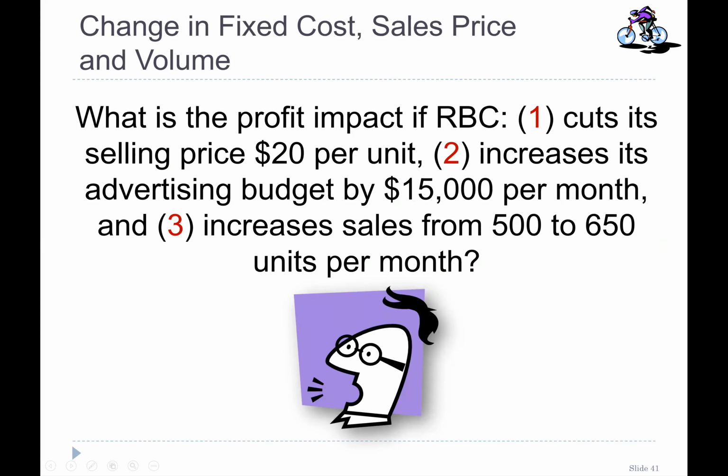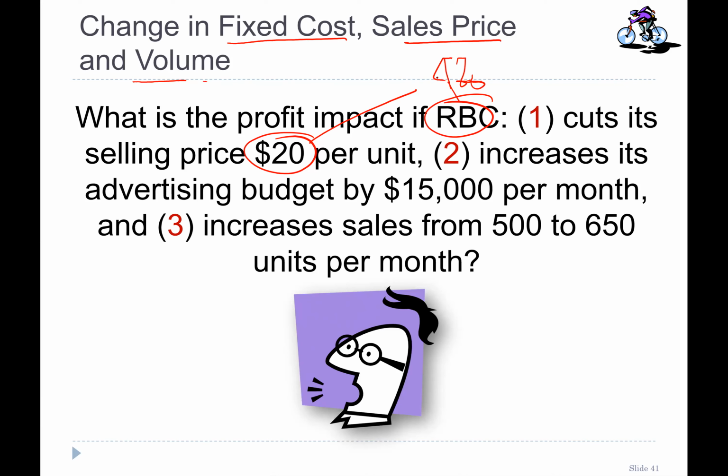Now, what happens if we change the fixed cost, sale price, and volume simultaneously, right? Let's talk about this. What is the profit impact of RBC if it cuts its selling price by $20? It means $480.